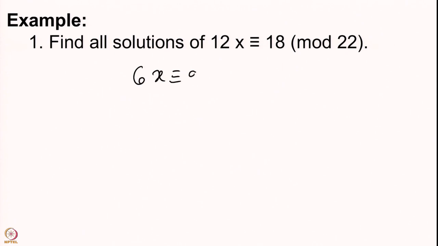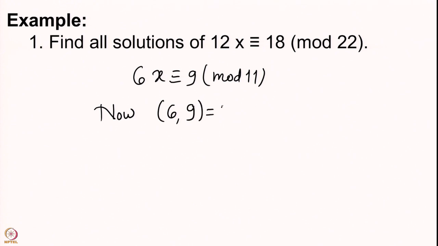6x congruent to 9 mod 11. Now we observe that 6 and 9 have a GCD, which is 3, and of course 6 and 11 have the GCD 1 now. So we apply the second lemma that we have proved.